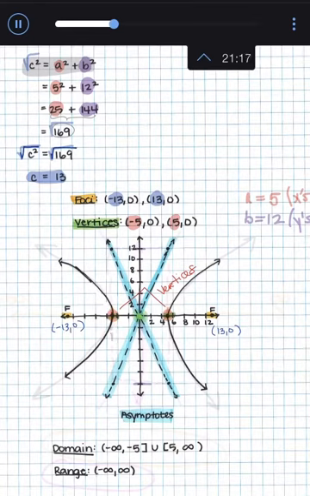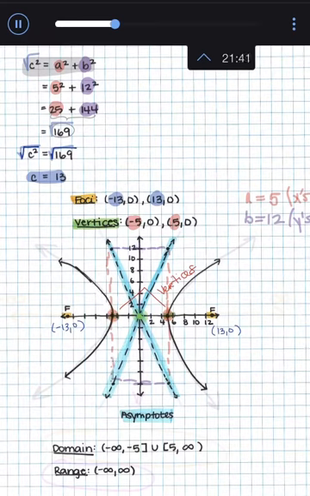So we'd go ahead and draw our box. We'd go to 5 and draw the sides of our box at 5, and we draw our top and our bottom of our box at positive 12 and negative 12 from our B. So we have our box there.